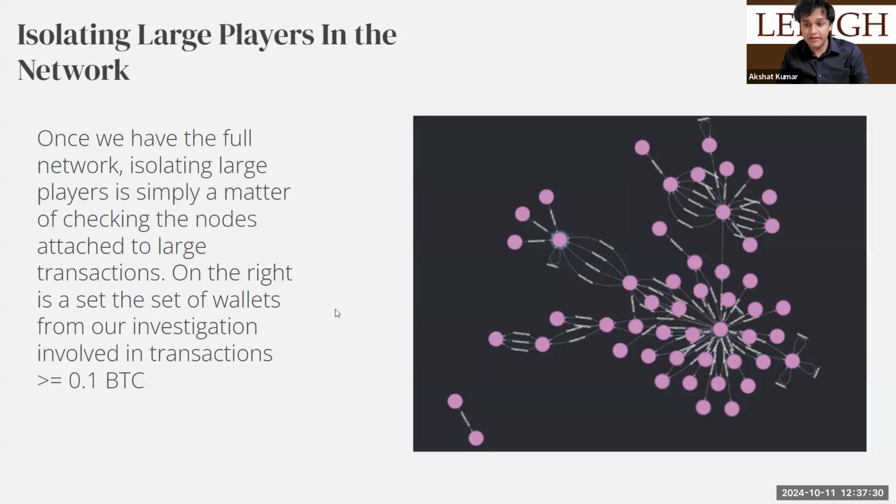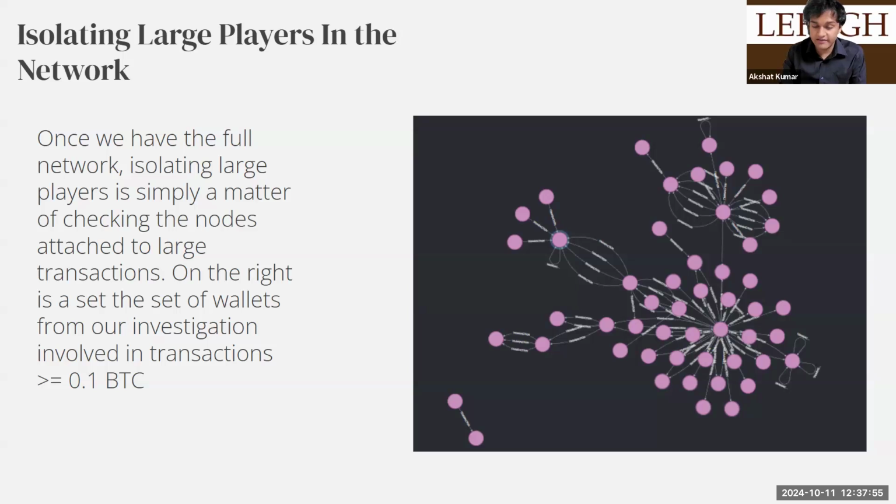So once I have this full network, once I can understand this flow of funds, what I can do from here is isolate large players in the network. And this is really simple. In fact, once you have your large visual database of the involved wallets, this is really just a matter of running one Cypher command, right?